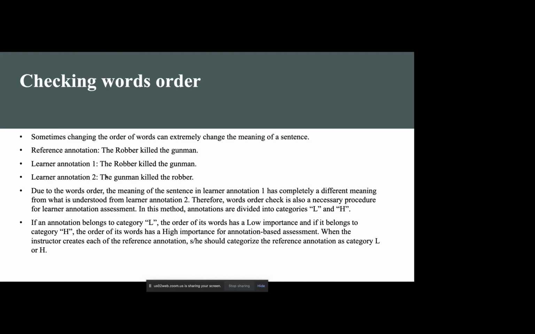And in this method, annotations are divided into H and L, and if annotations belong to the category L, the word has a low importance, and if it belongs to H, the word has a high importance.